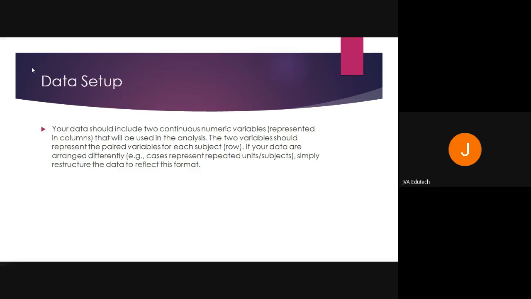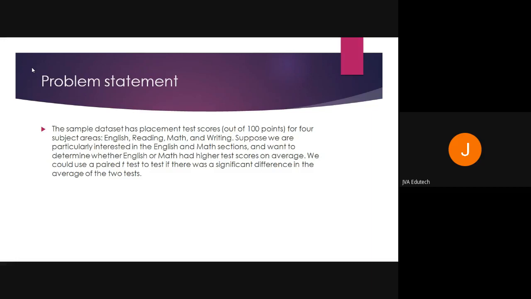So the data should contain two continuous numeric variables, as we have seen. Now the problem statement. Let's take the case from the same sample data set. The sample data set has placement test scores out of 100 points for 4 subjects: English, reading, math and writing. Now we are interested in the English and math sections, and we want to determine whether English or math had higher test scores on average.